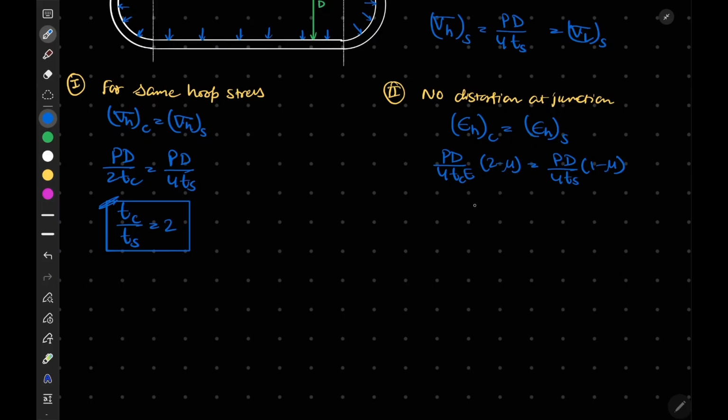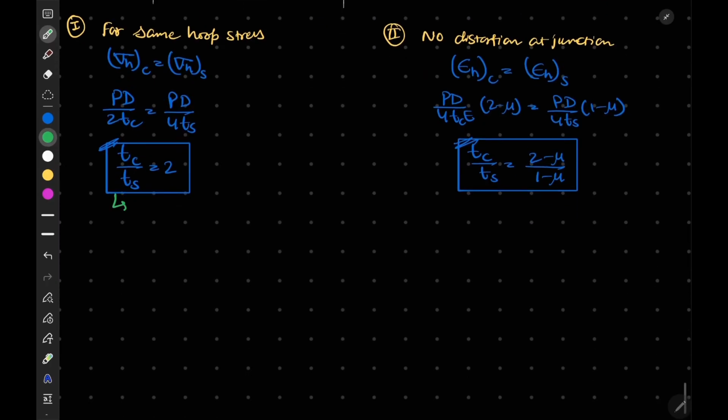If we solve this, we obtain TC by TS is equal to 2 minus mu upon 1 minus mu. So from here we have obtained that TC is greater than TS, and from the earlier result also TC is greater than TS, although the relation may vary for both.